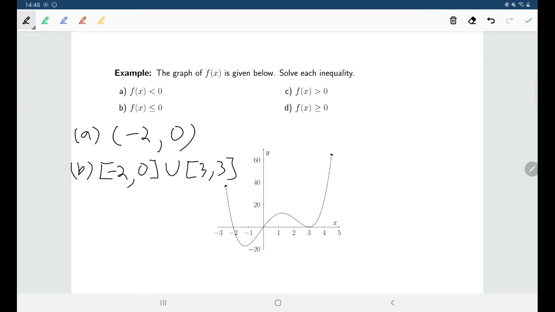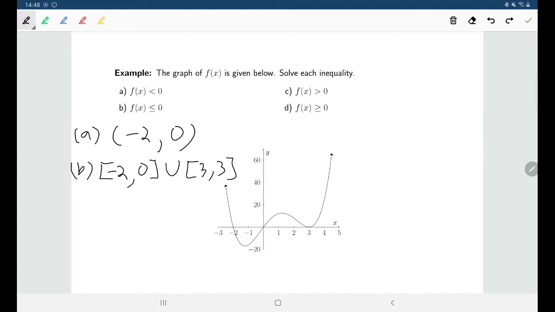So in other words, the interval from 3 to 3, including the 3. So that's me expressing here all the values of x where we're either below the x-axis or at the x-axis. So everybody from -2 to 0, including those endpoints, as well as from 3 to 3, including the 3.